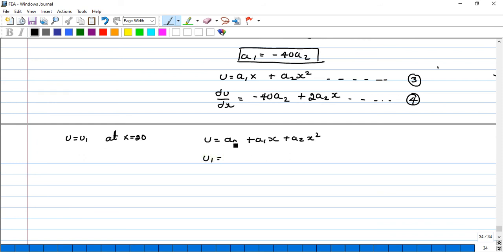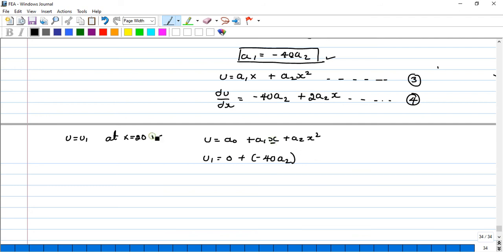We already know a0 as 0, and we know a1 as minus 40 a2. So let me substitute the same, that is minus 40 a2, and x, what is x?